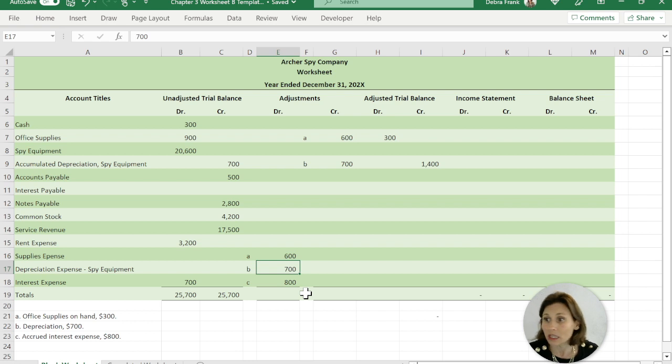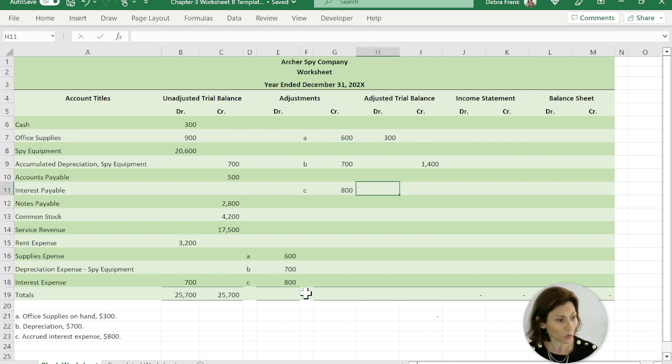Now we're saying we accrued it, so it means we didn't actually pay it yet. We owe it. So we have some interest that we owe. That's my tip: if it says payable, it's a liability. We can see here we already have an interest payable account that I left in for you. That was nice. So we can go ahead and put that in for $800.